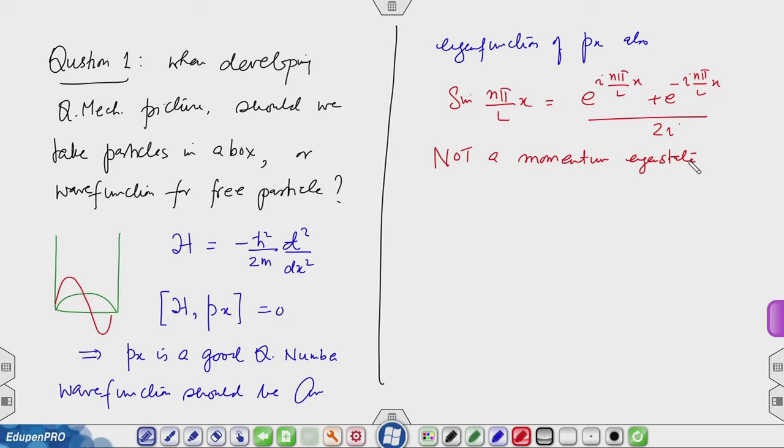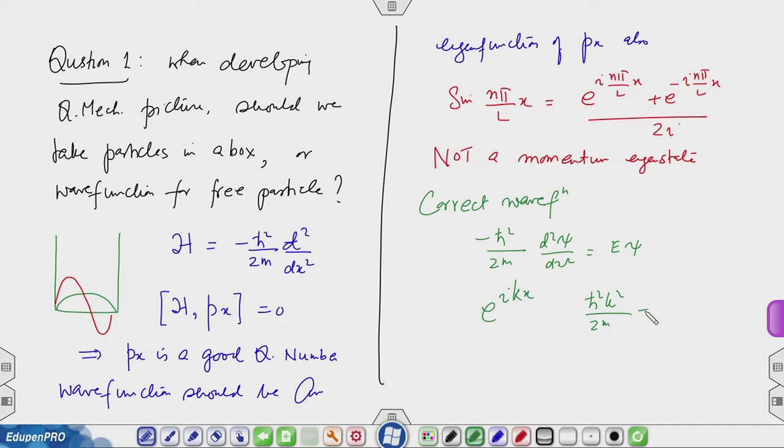So, the correct free electron picture is going to be that my wave function, which is a solution of -ħ²/2m d²ψ/dx² = Eψ, would be e^{ikx}, where ħ²k²/2m is equal to E. And I do not take the linear combination of this with e^{-ikx}, that will give me sine, but that is not an eigenfunction of p.